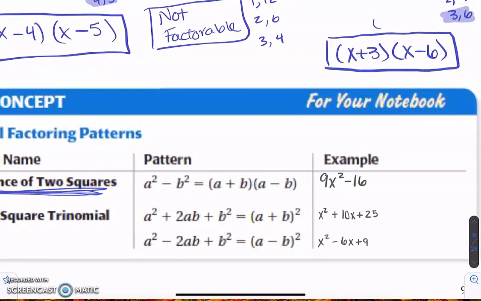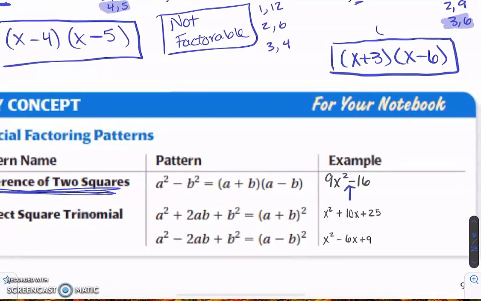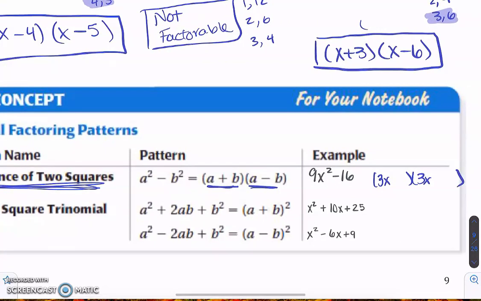The difference of 2 squares, that just means difference is subtraction, and 9 and 16 are both perfect squares. So what happens is you use the square root of those terms. The square root of 9 and 16 is 3 and 4. So 3x and 3x would get you the 9x squared. 4 and 4 get you the 16.